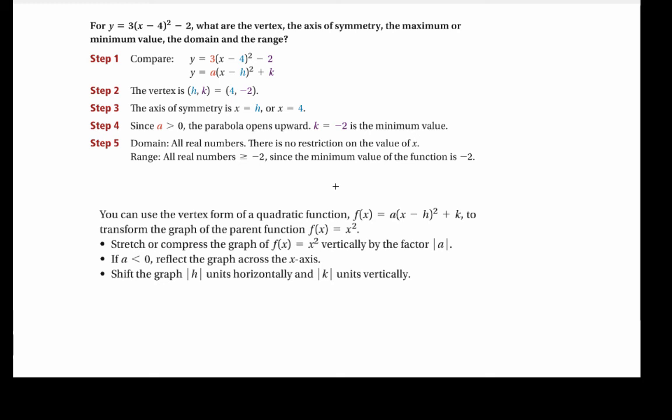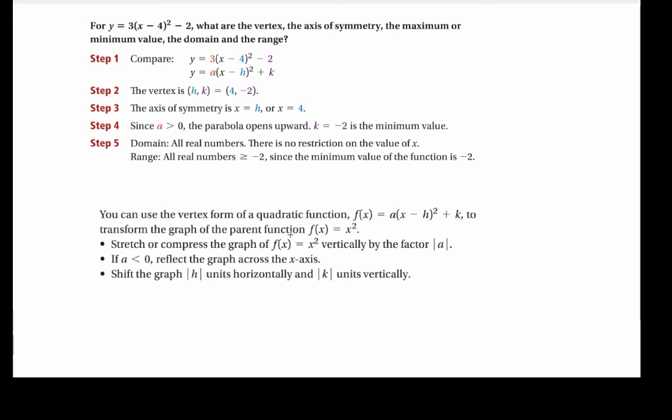But the range is always going to be dictated by the minimum or maximum value. All real numbers greater than or equal to -2 are the range, since the minimum value of the function is -2. So if the function has a minimum, then the range is all real numbers greater than or equal to that minimum. If the function has a maximum, then the range would be all real numbers less than or equal to that value.